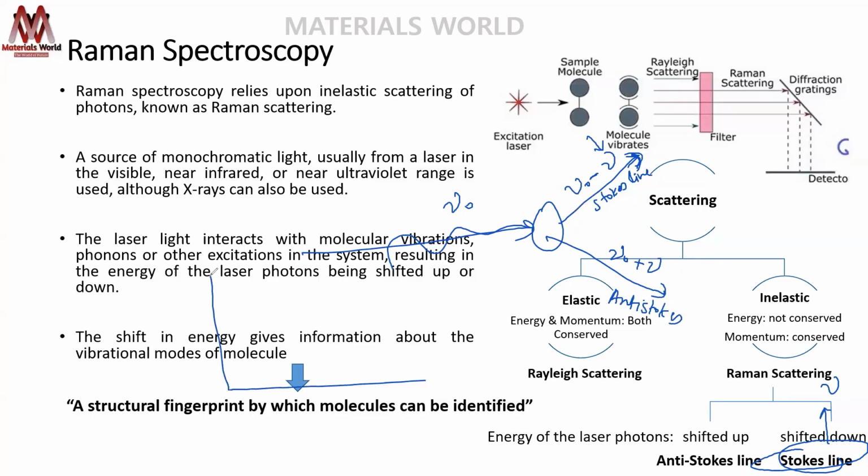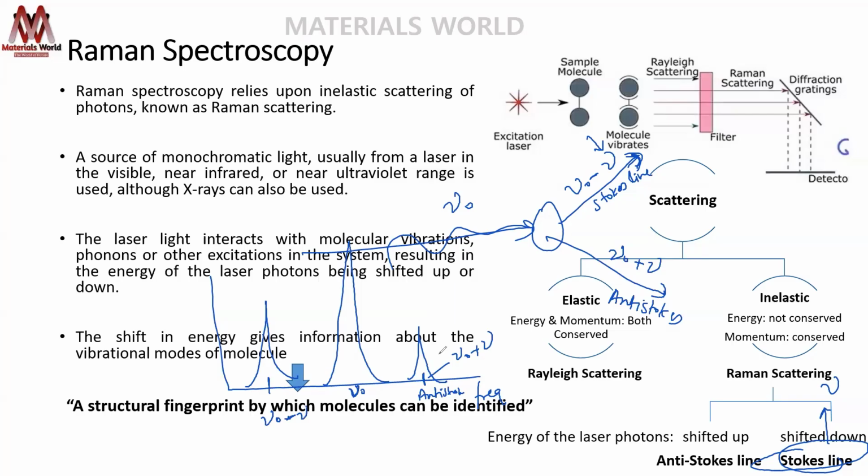So if you plot, this is your typical spectrum. At nu naught is the frequency of the incident laser photon. Higher than nu naught will be anti-Stokes. This frequency will be how much? Nu naught plus nu. And lower than nu naught is Stokes, which will be nu naught minus nu.